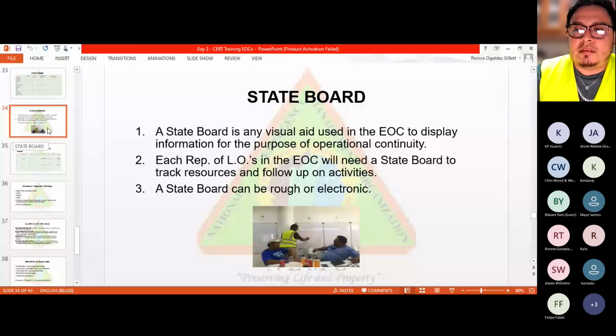This depends on the shift hours and how many officers in charge there will be. Either the officer or the second officer in charge will be taking shift.